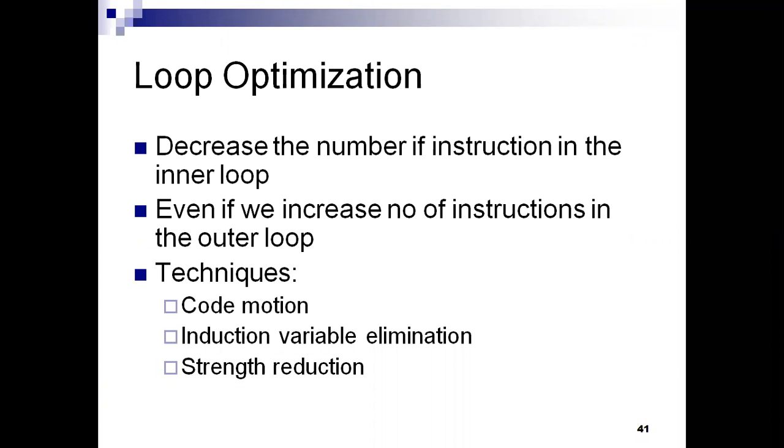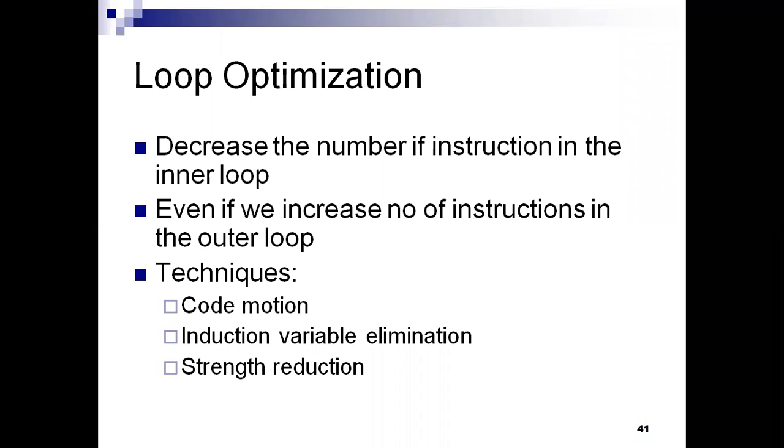What it means is that we apply these techniques at the inner loops of the program, because whenever the program spends time in the inner loops, it takes a large amount of time. If the number of instructions in the inner loops is smaller, then the running time of the program will decrease.